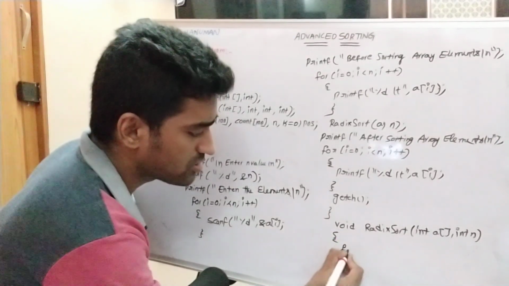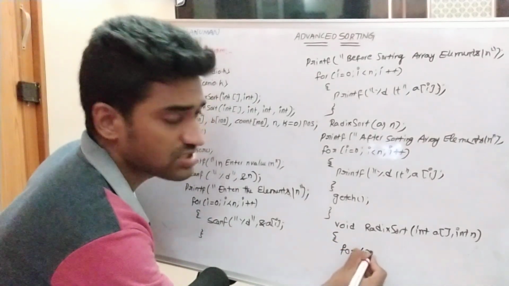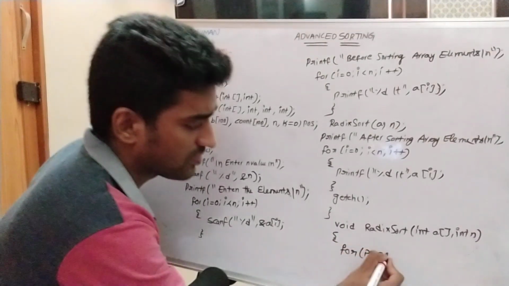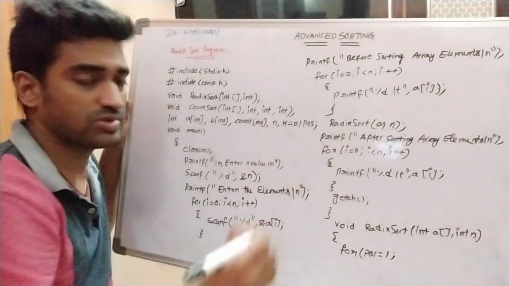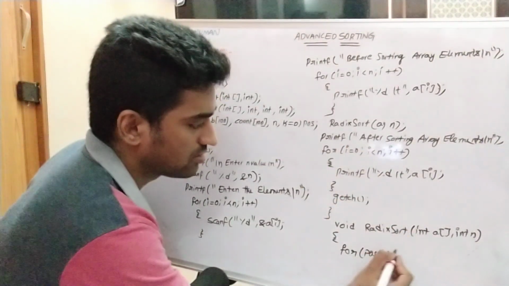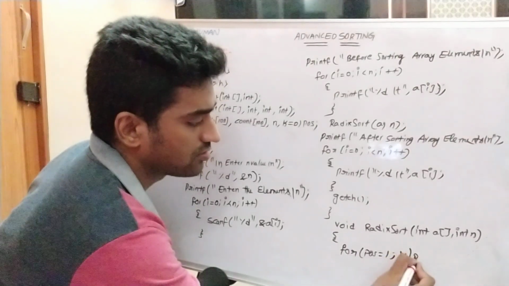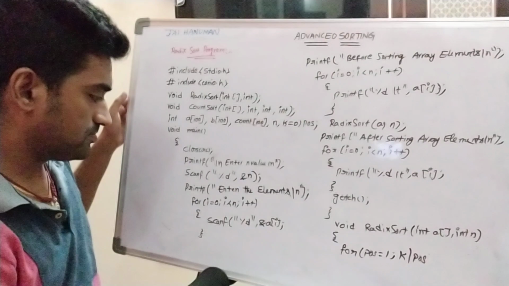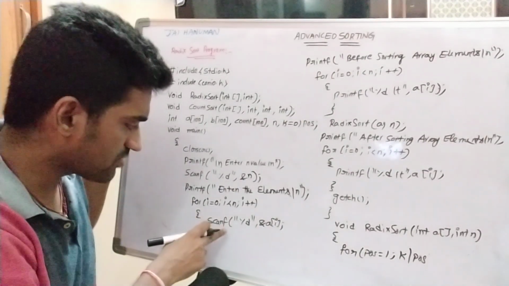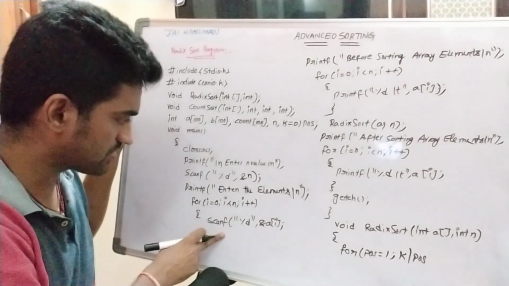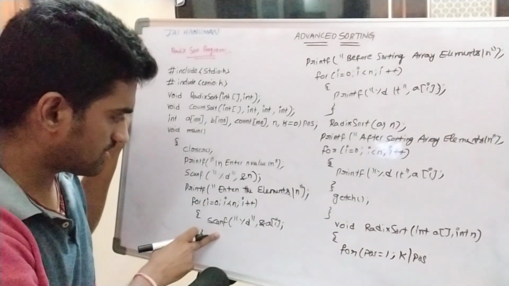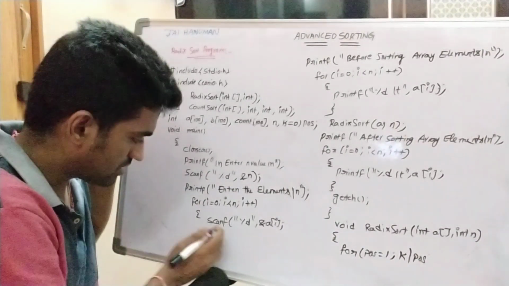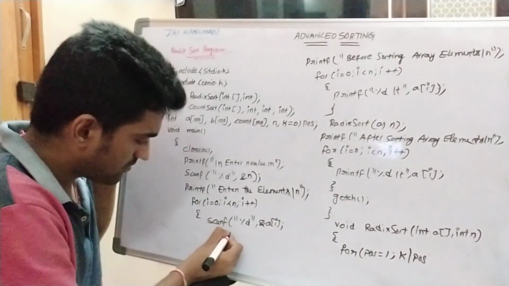So here the position value starts from 1, so position is equal to 1. K by position. Here you will also find the greater value, na? So here I am taking one more condition.